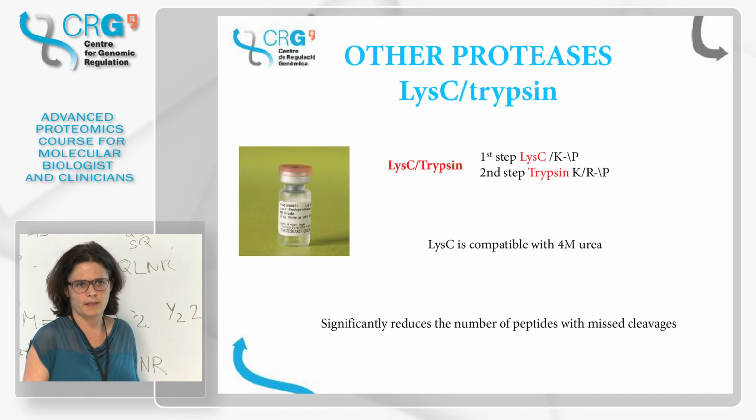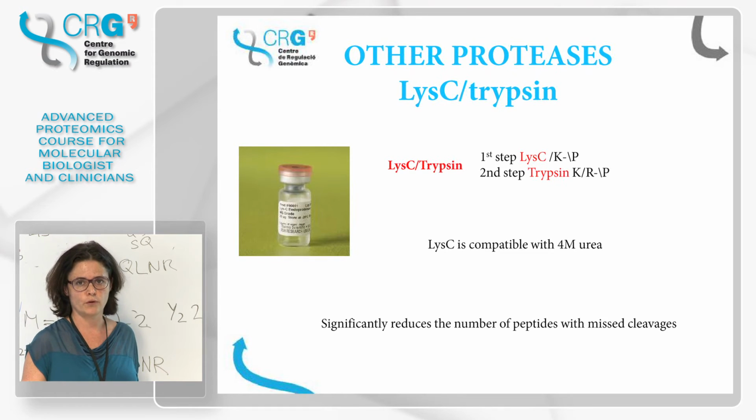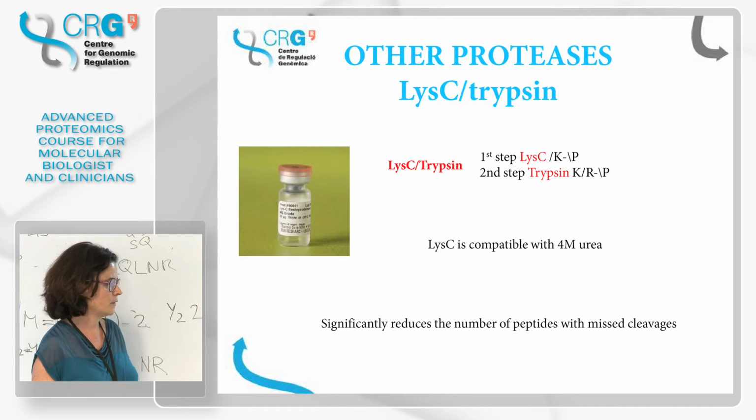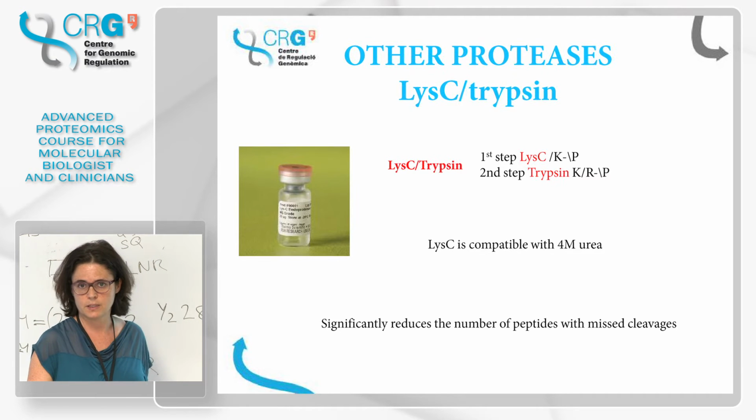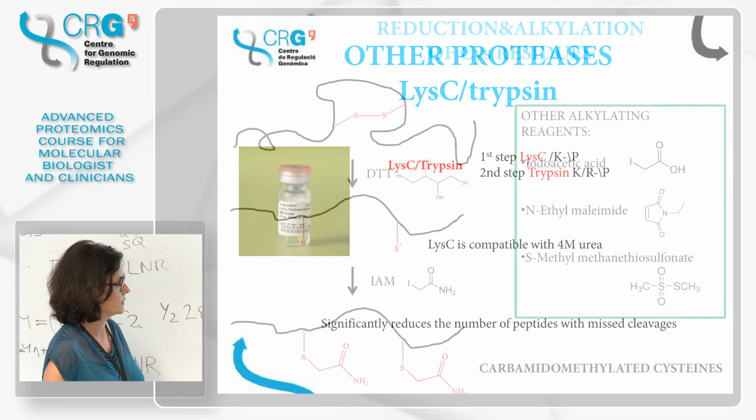So at the end, you have the same type of peptides that you would have had if you had used only trypsin. But the big advantage is that Lys-C is compatible with 4 molar urea. So you can have the proteins much more denatured, and then you significantly reduce the number of peptides that have miscleavages. So it is very common to use this combination of enzymes.